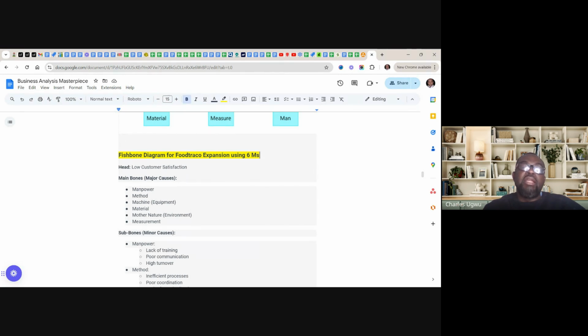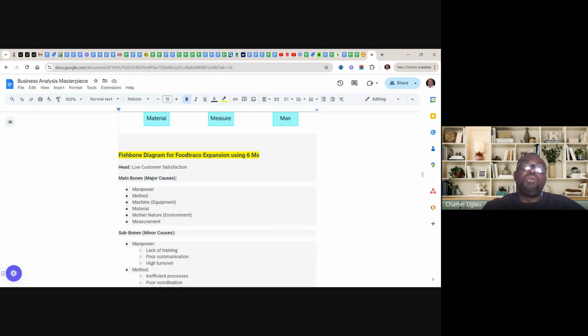One of the challenges within the project is low customer satisfaction, and we're trying to solve that using the 6Ms in a fishbone diagram. So this is not the NIARA scenario.